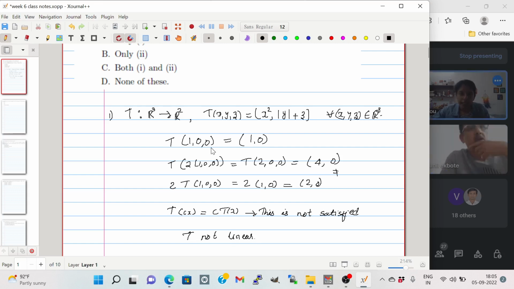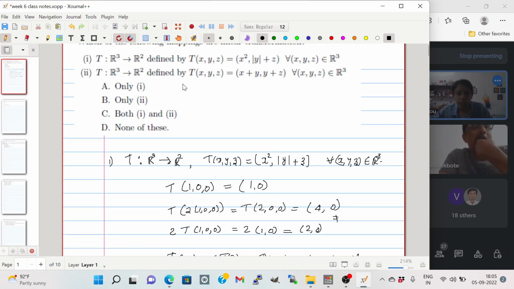Here I have taken one scalar multiplication example and we get that this is not a linear map. In the same way, you can check with vector addition also, with two vectors: T of x1, y1, z1 plus x2, y2, z2 equals T of x1, y1, z1 plus T of x2, y2, z2. You can check like that also.